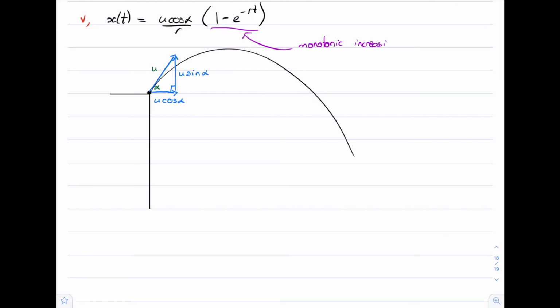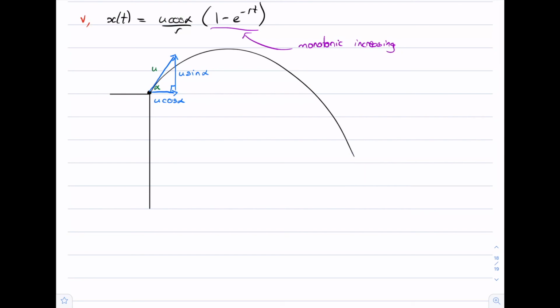Well, what it means is that the horizontal displacement, as time gets further and further along, is always going to increase, which means that our particle is going to go like this, but it's never going to do something like this. It's never going to turn back and then come like this. And then maybe it will turn back again. The idea is that it always continues like this.